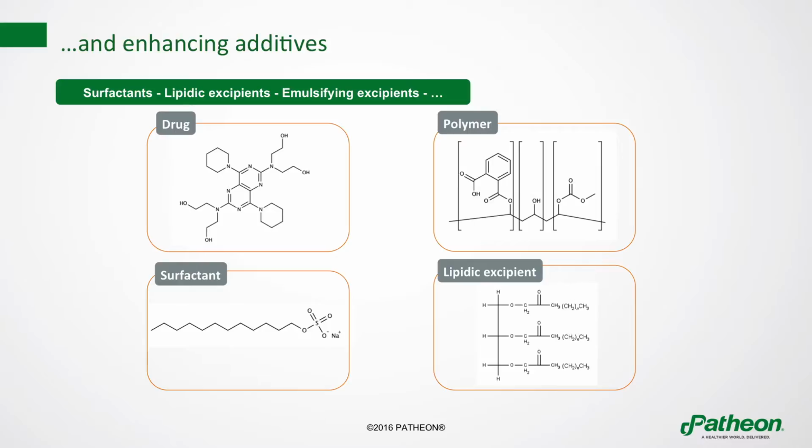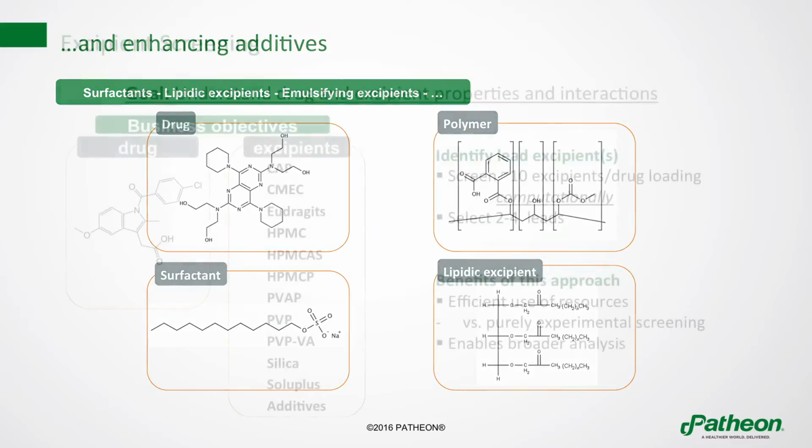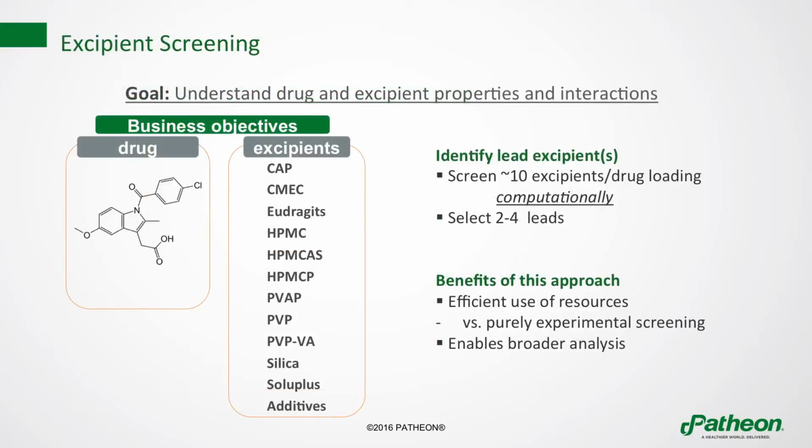This is what we achieve by using our Quadrant2 approach: we computationally screen drug and excipient combinations and narrow it down to a few leads, 2 to 4 leads, maybe 4 to 6 leads out of almost 100 excipient drug polymer combinations. Instead of empirically determining it, we computationally select the leads.